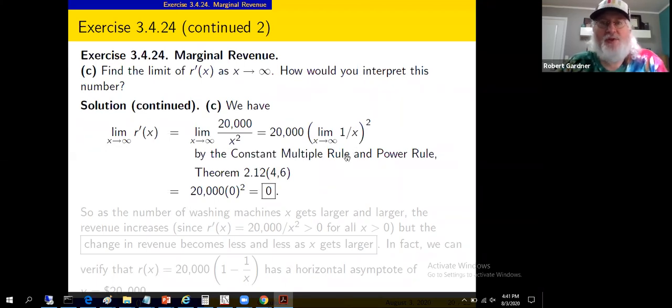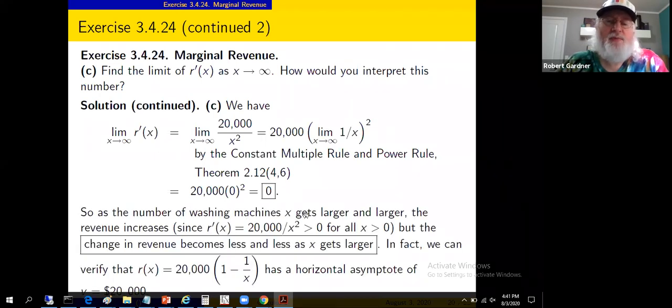And you don't know much about infinite limits, but you know the limit as X approaches infinity of 1 over X goes to 0. So we get 20,000 times 0 squared, which is just 0. So the limit as X approaches infinity of R prime of X is 0.